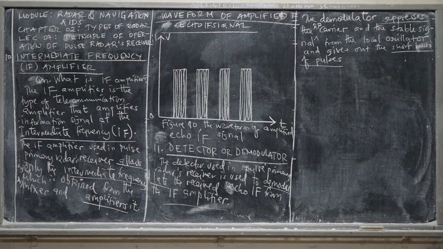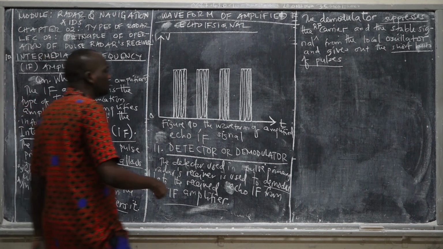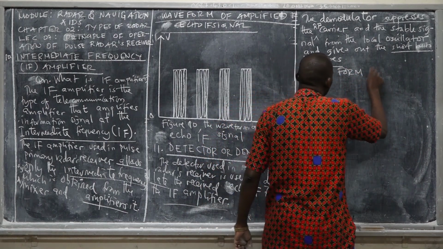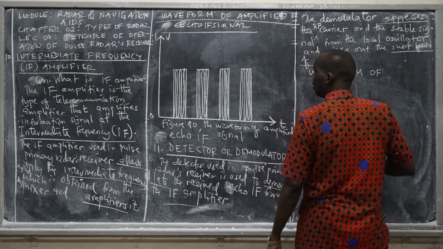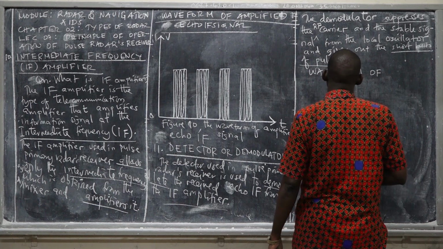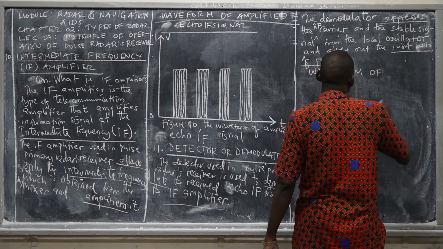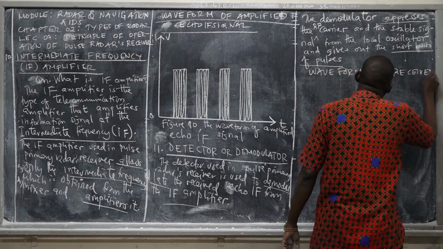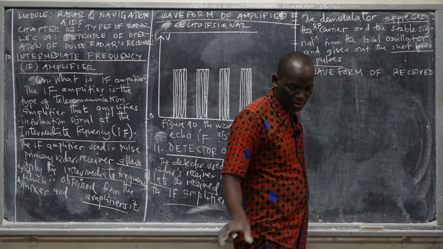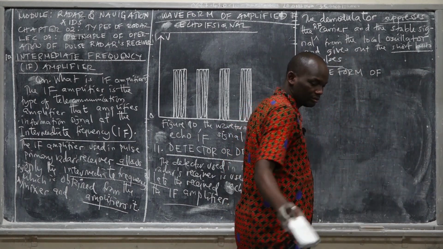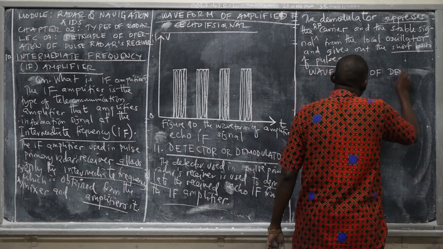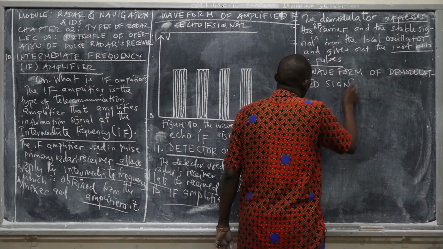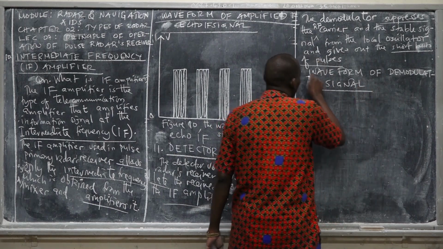So the waveform that will be sent to the display, which is the last part, is the waveform of the received or demodulated signal.